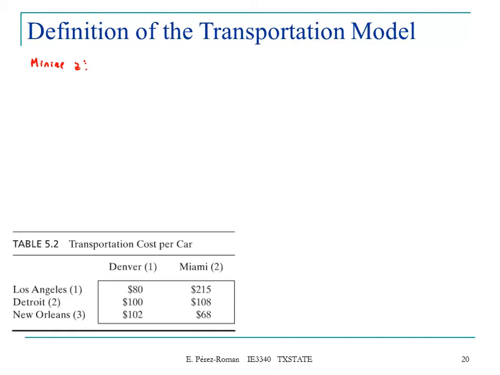Again, we have a cost representing each arc from supply to demand. So I'm going to use X11, and you can see the numbers here. That means that you go from Los Angeles to Denver, and you have a cost of 80.